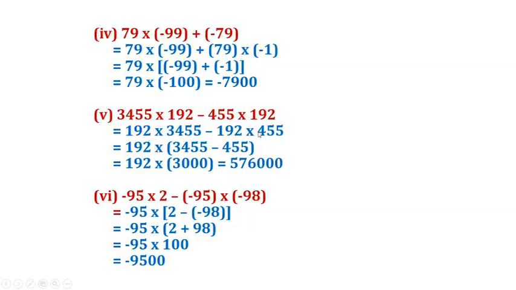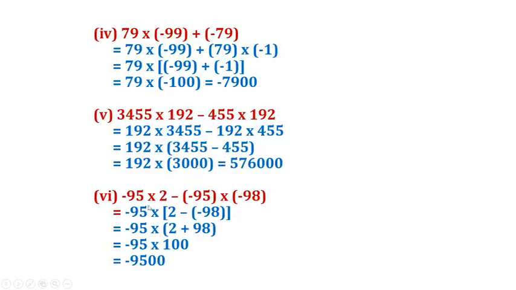This is the distributive property of multiplication over subtraction form. So a into b minus c. What is b here? 3,455. c is 455. So subtracting this you will get 3,000. By multiplying 192 with 3,000 you will get 576,000.